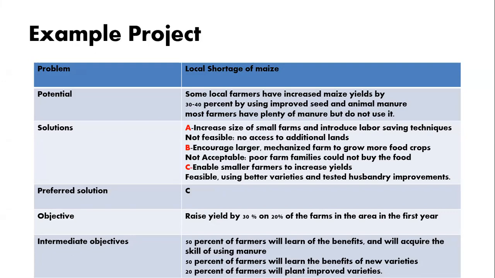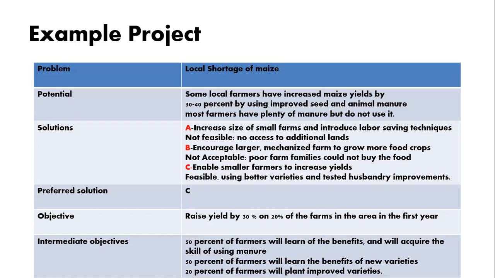Solution A is to increase the size of small farms and introduce labor saving techniques, which is not feasible as additional land is not accessible. Solution B, encourage larger mechanized farms to grow more food crops, is not acceptable, and poor farm families could not buy the food.